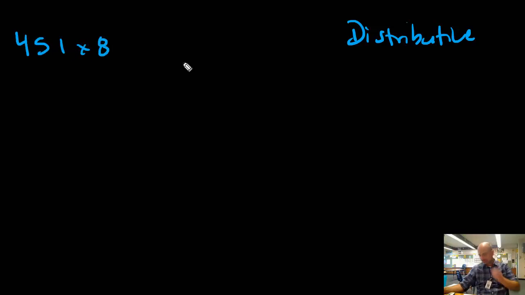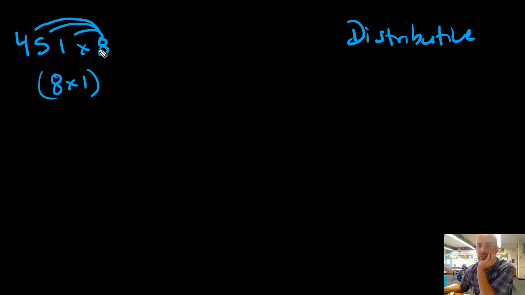So then, finally, on top of all this, we have our distributive property. Where we have something like 451 times 8. When we do the distributive property, we really want to bounce the 8 multiplied by each one of these. 8 times 1, we have that.